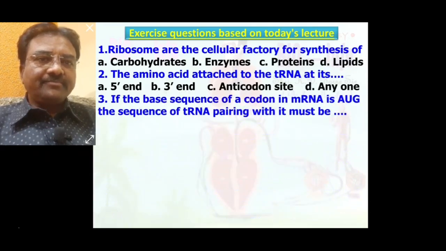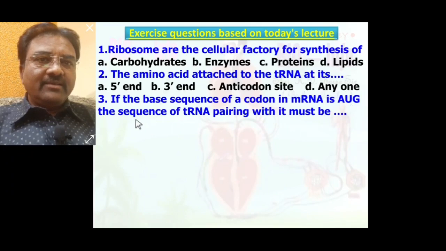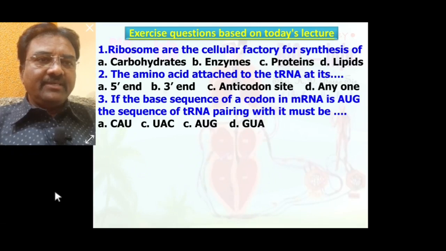Third MCQ: if the base sequence of a codon in mRNA is AUG, adenine, uracil, guanine, the sequence of the tRNA pairing with it must be CAU, UAC, AUG, or GUA.